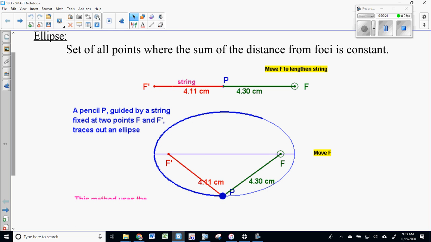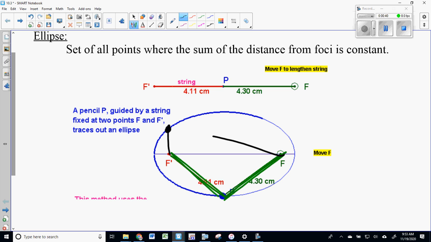So if you remember yesterday, we said if you measure the distance from one focus to a point and the other focus to the point, and you add those up, they will always be the same, no matter which point you use. If we would take a point way over here, and we would add those two distances, they add up to the same thing.